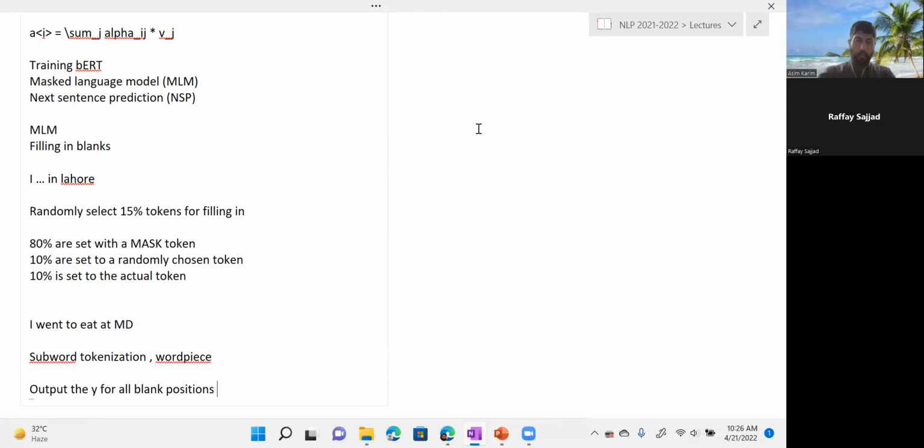Okay? And actually, this is one reason why training BERT is somewhat slower than training a standard language model, because we are not working on all the tokens. We are only working on 15% of the tokens. Of course, when I say slower, I would say slower when we are comparing two models of the same size.